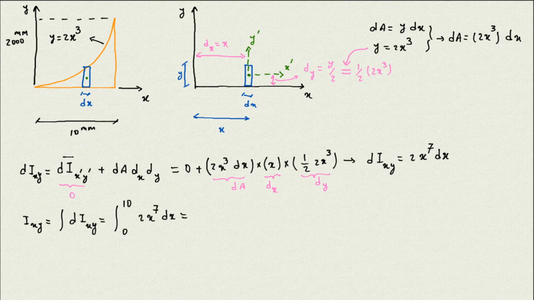If we do the integration, it's going to come out as 250 minus 2 millimeter to the power of 4. So that's how we can calculate the product of inertia for any given area.